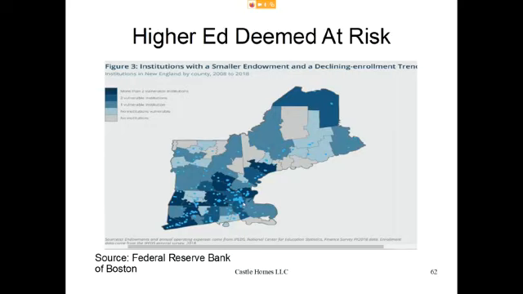Obviously, they have a lot of colleges, so that's negative. Worcester has several colleges. That's negative. Amherst, Smith, the western counties, colleges. There's a few of them out there, so those are also in danger. And you can see the regions of the rest of New England.